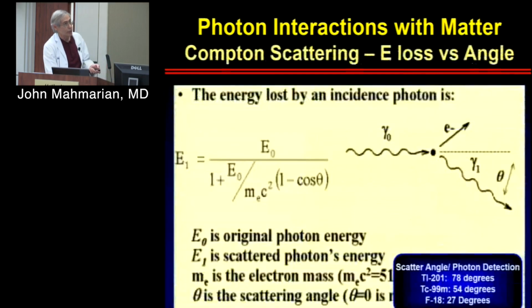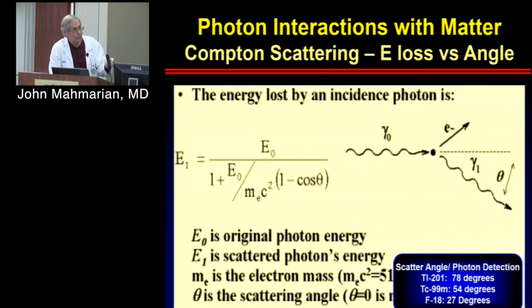When you have scatter, which is Compton scattering, you lose some of that energy. So you have an incoming photon, it interacts with an electron in the atom, okay? It's deflected, and in that deflection it also loses energy and is scattered to a certain degree.